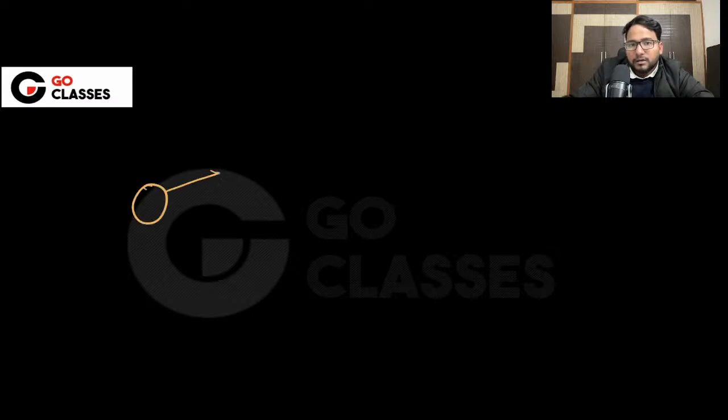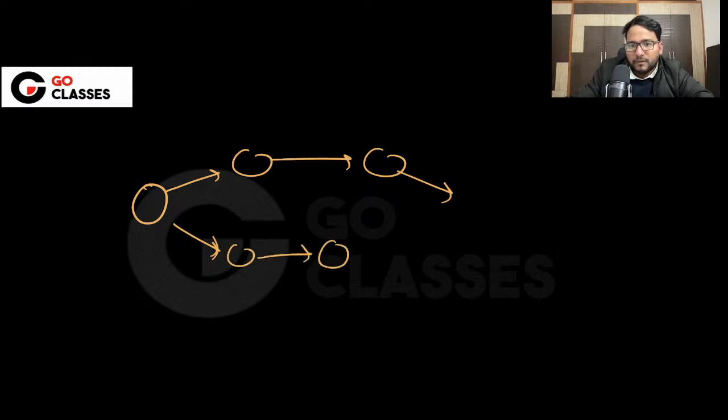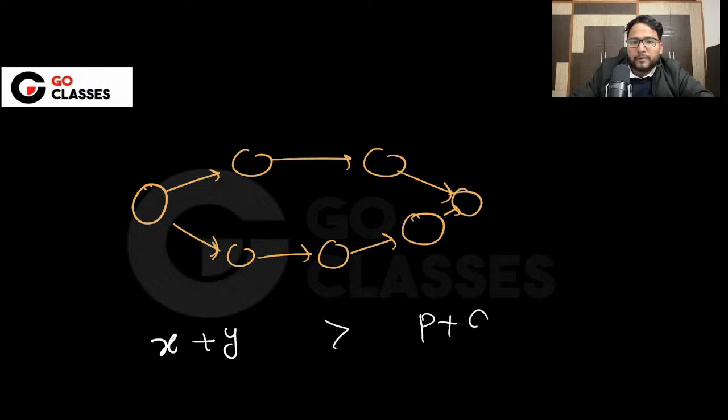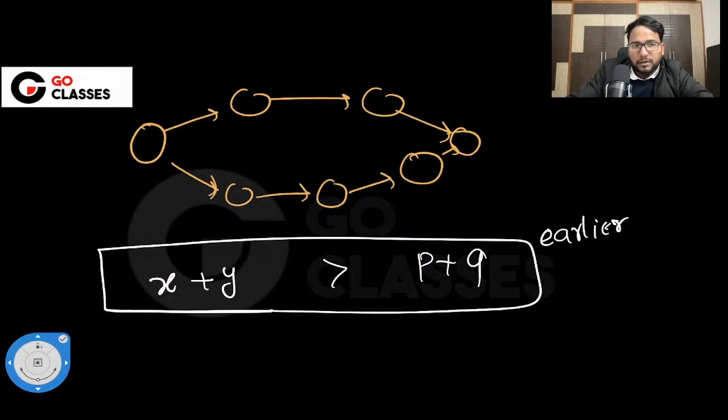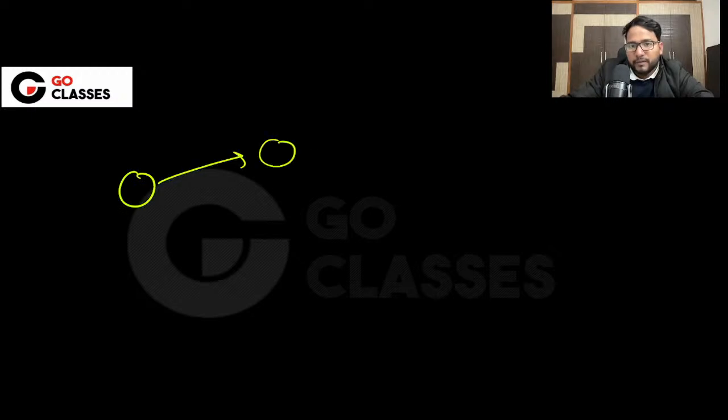This is the old graph. Let's suppose earlier x was greater than y; maybe there is a path where x plus y is greater than p plus q. But if you add some edge weights, it might be possible that the shortest path changes.